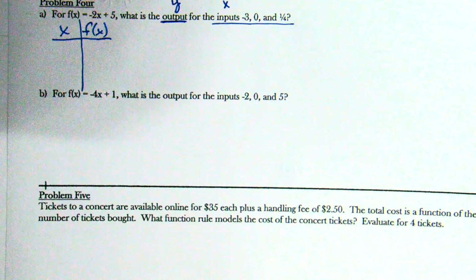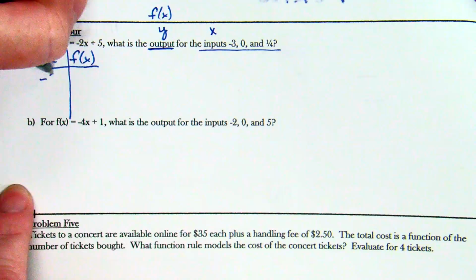Technically we're finding f of x if you want to be particular, because there's not actually a y in the problem. It's f of x in the problem. So those three numbers they gave me, negative 3, 0, and 1/4, are my x values.